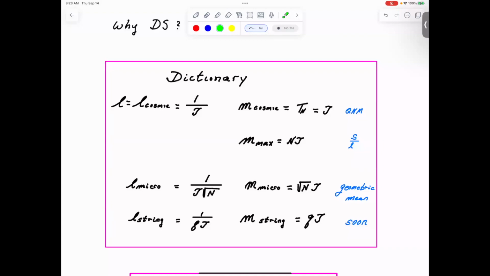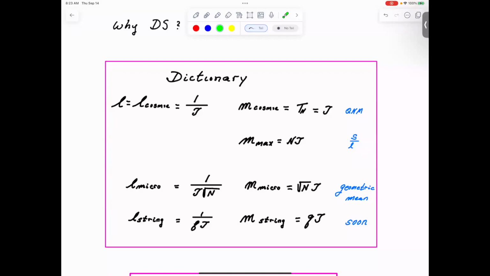And where does this come from? It comes from the study of quasi-normal modes. The quasi-normal modes of the SYK system, these are the quasi-normal modes associated with the fermions, have a frequency of order J. The quasi-normal modes are, of course, frequencies on the scale of the cosmic time scale.